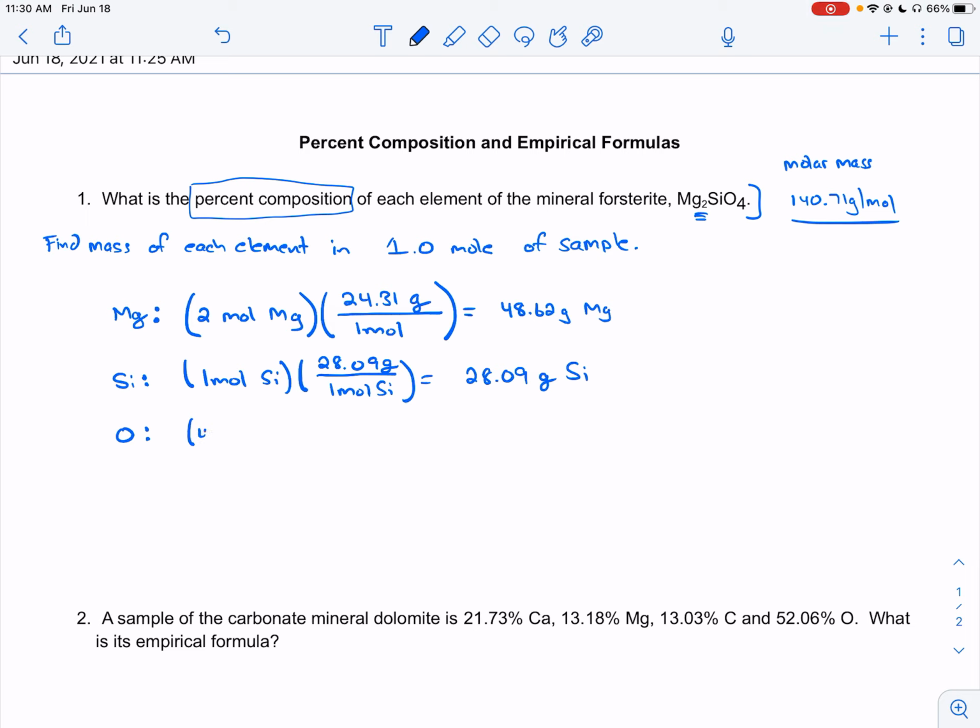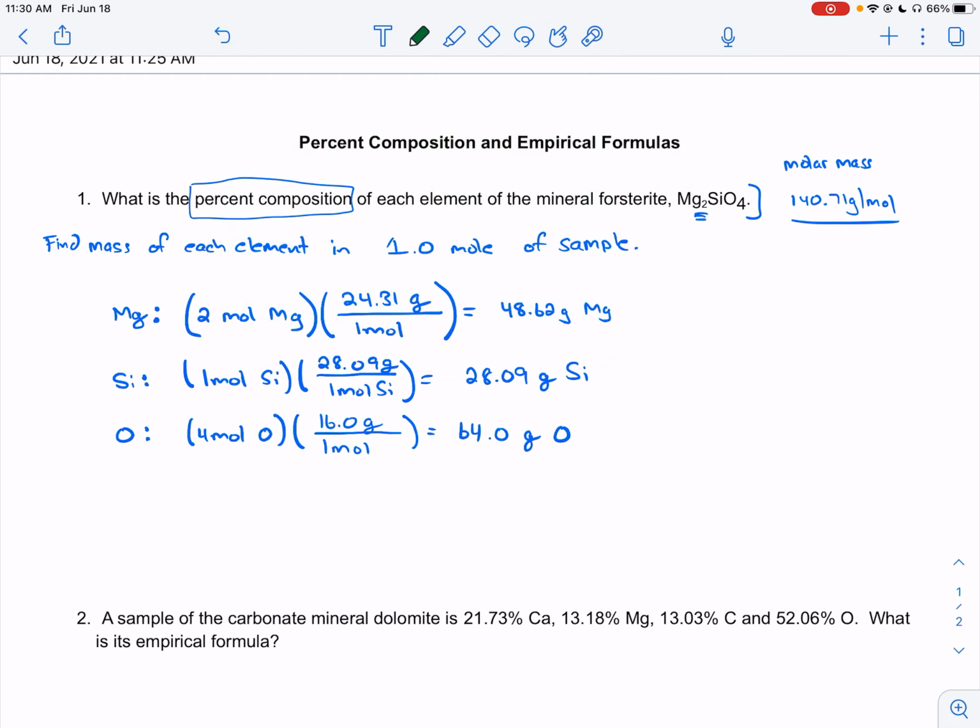And here we have 4 moles of oxygen. And oxygen has a mass of 16.0 grams for every 1 mole. And so we end up with 64.0 grams of oxygen. So that's the mass of each element.